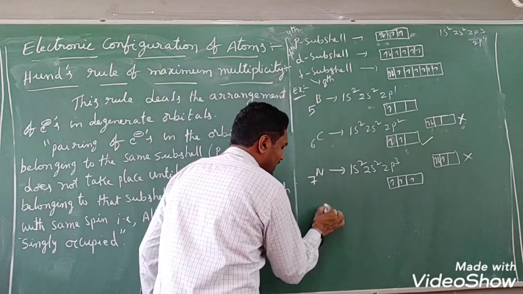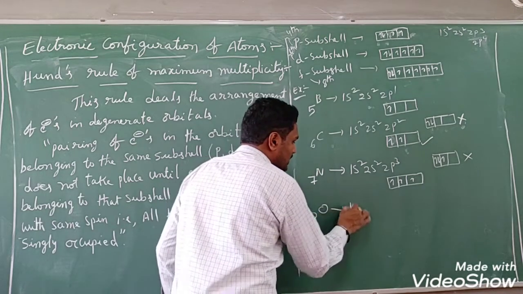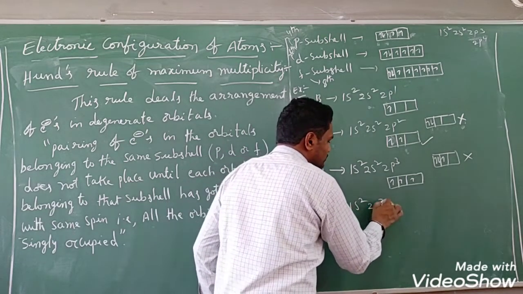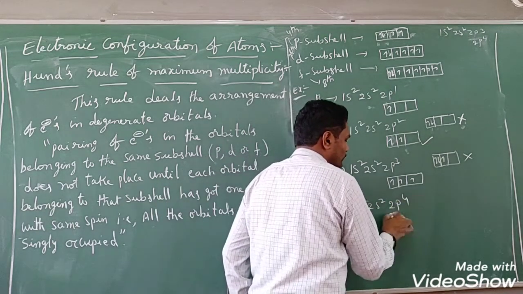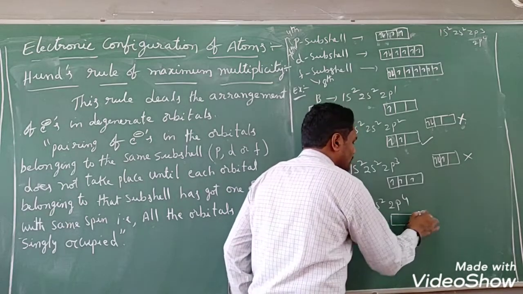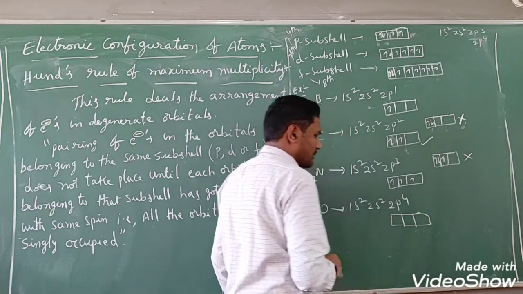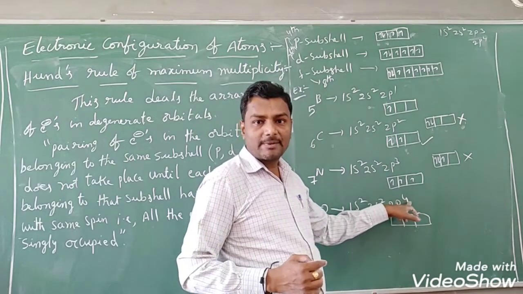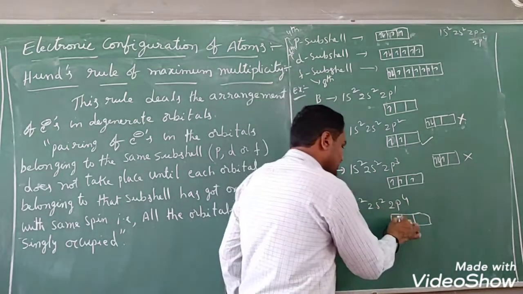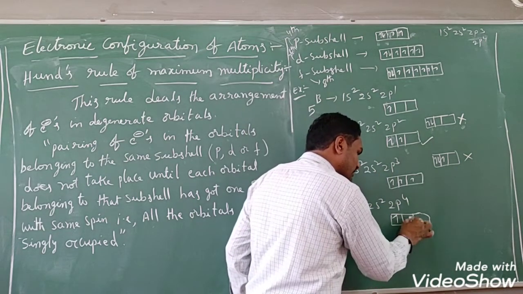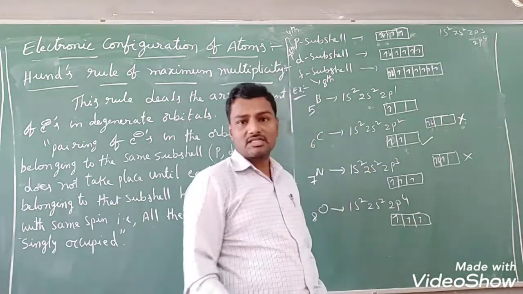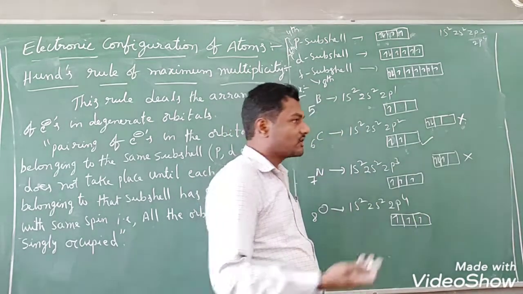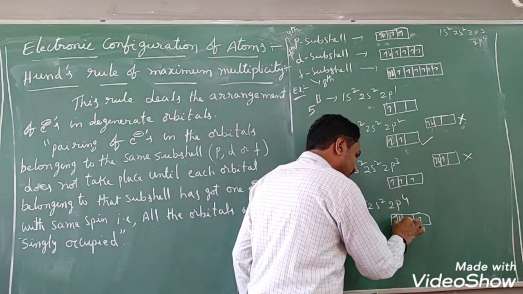Next, after nitrogen we have oxygen. Oxygen 8. So 1s2, 2s2, 2p4. So now you observe here 3 orbitals are present. In the 2p subshell, how many electrons are present in total? 4 electrons are present. In each orbital, first you should enter 1 electron. Still extra electrons are present. Those electrons should pair up here.